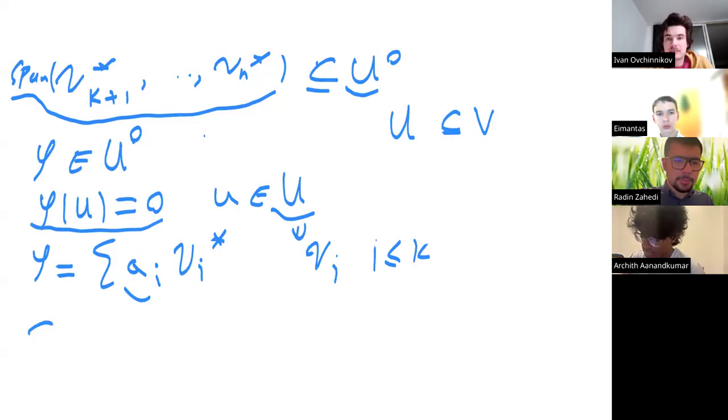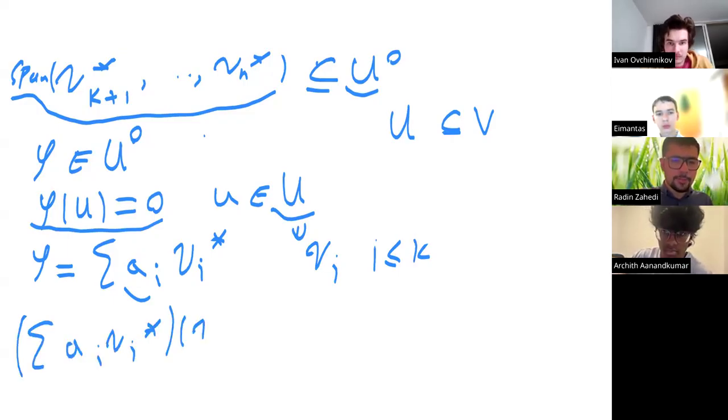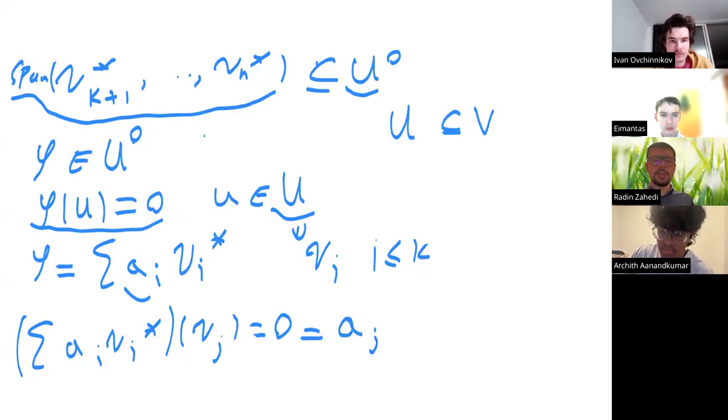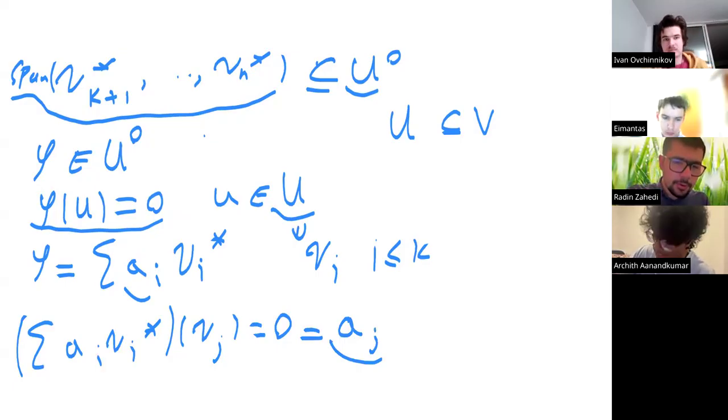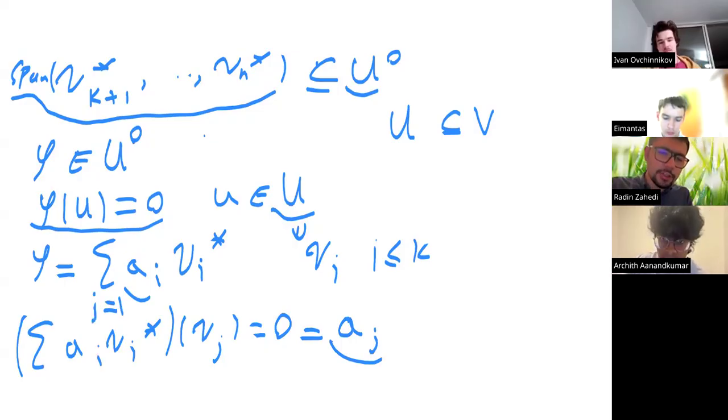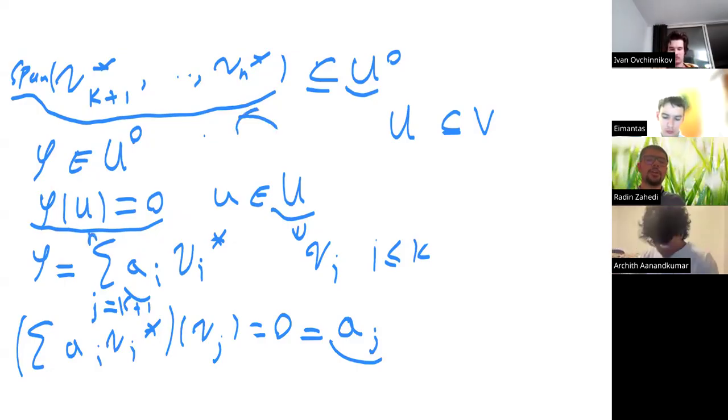We should have sigma AI VI star on V, let's say J, should be 0, which is in fact just AJ. So this AJ is 0. Therefore, everything here is expressible as a linear combination of these VI stars from K plus 1 to N, which is in fact this span we've argued earlier.